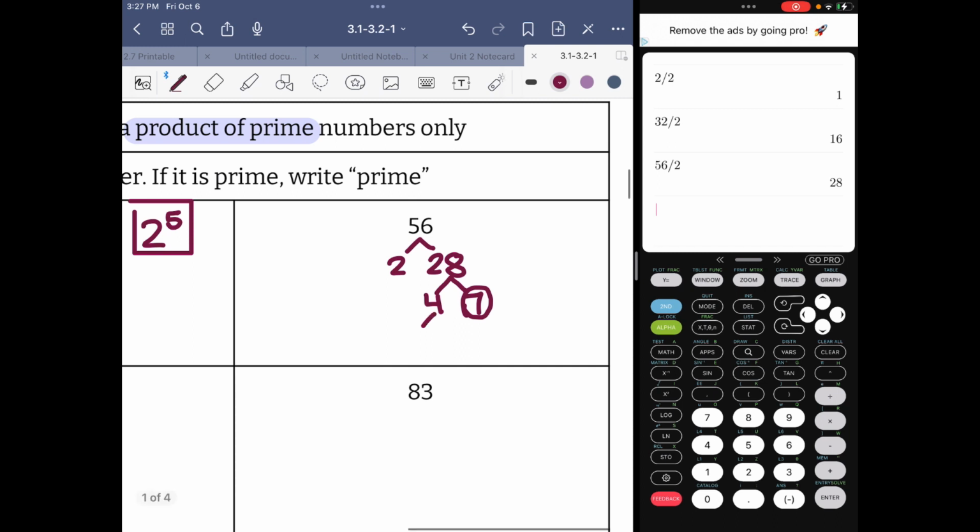And just like on the last one, I know that 4 is 2 times 2. And then that 2 at the very top, nothing branches off from 2, so you just circle it. Now this time I have 1, 2, 3 2's, and a 7. So 2 cubed times 7.